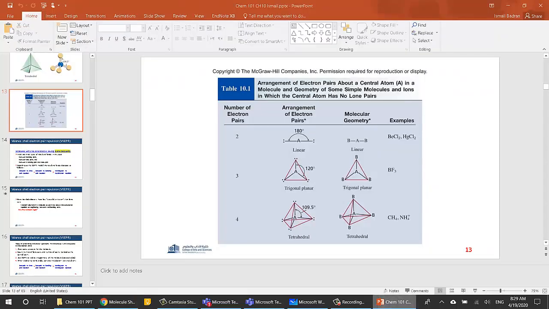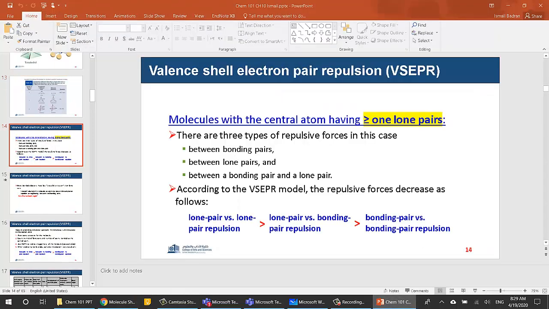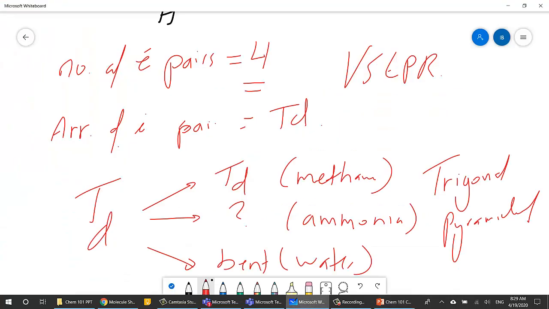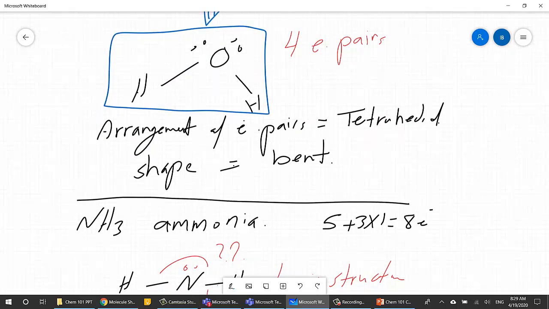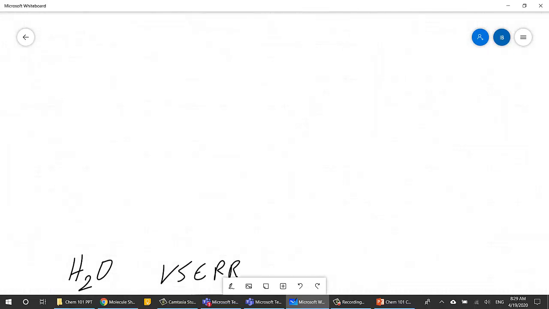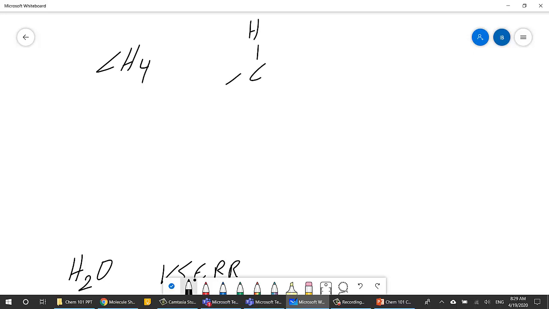So to summarize the VSEPR theory, I'm going to make a table here that summarizes everything. The book is using, for methane, CH4, which looks like this, the convention of AB4, where A is the central atom and B is the bonding atom or bonding electron pair.